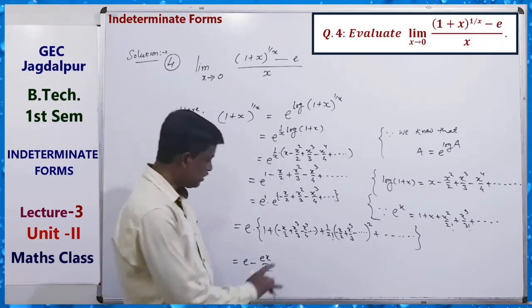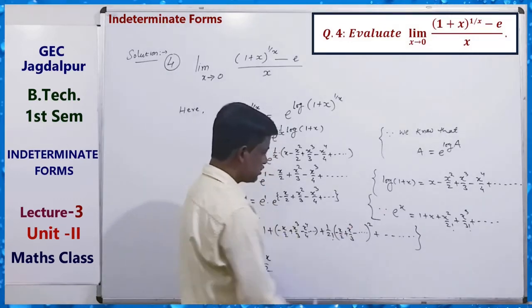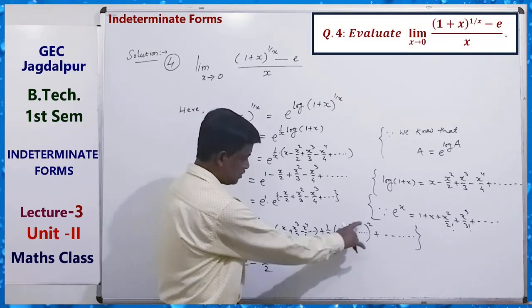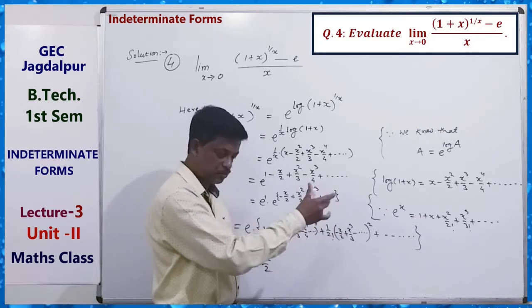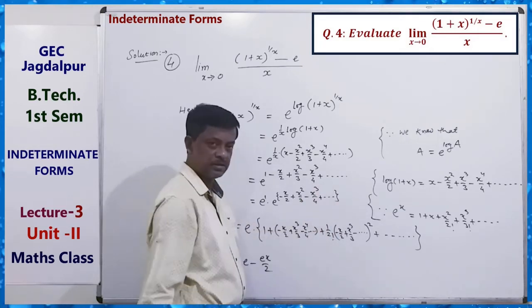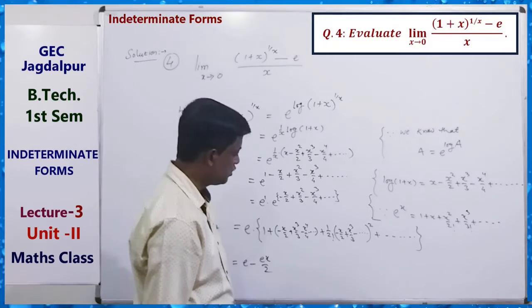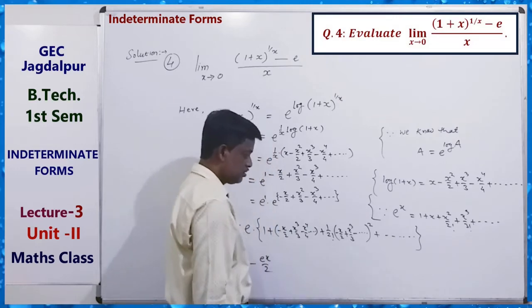Now for the x square term, squaring minus x by 2 gives x square by 4, multiplied by 1 by 2 factorial, so x square by 8.